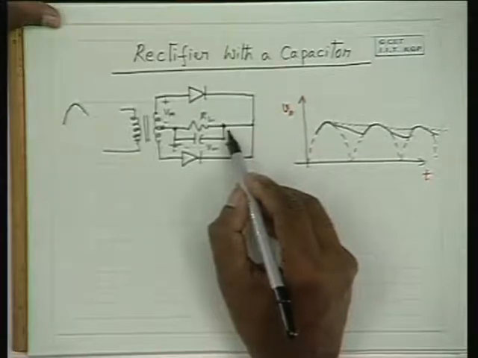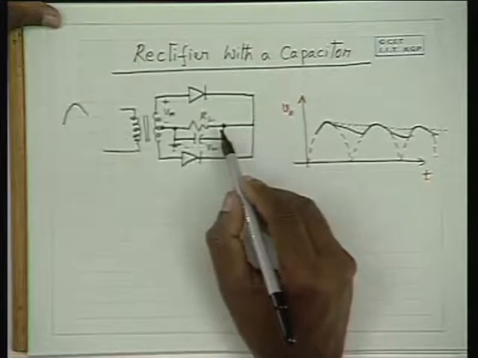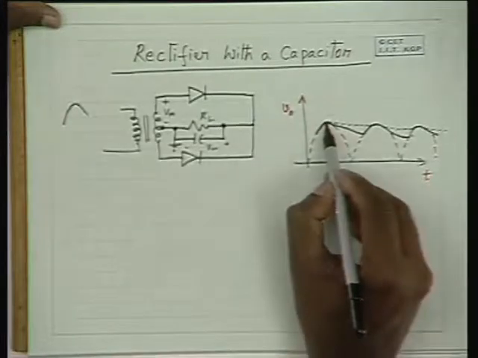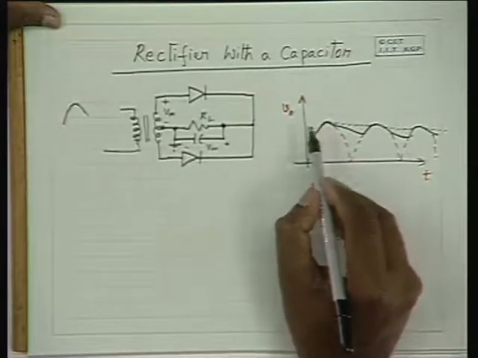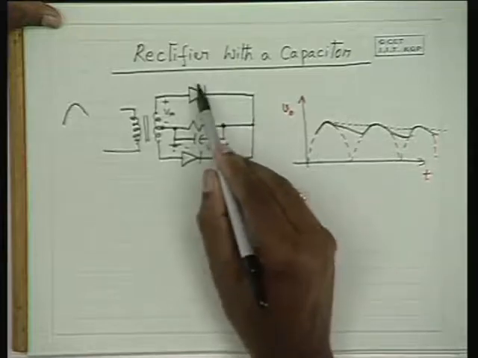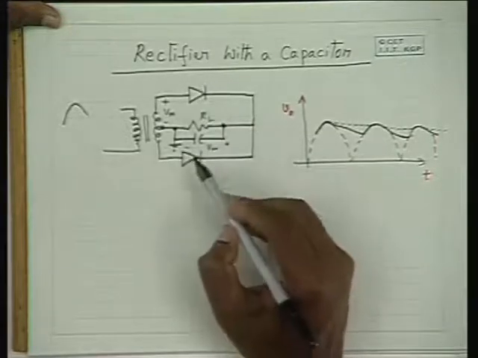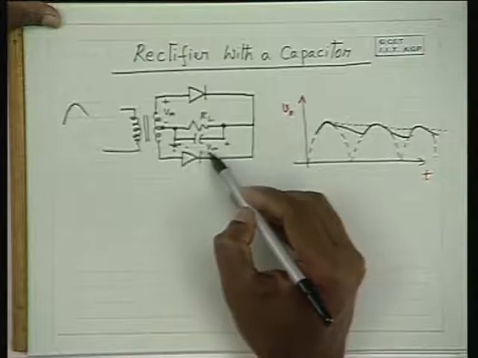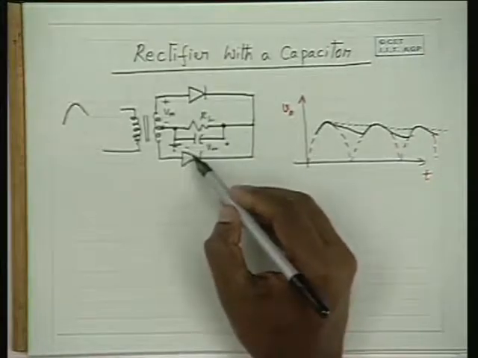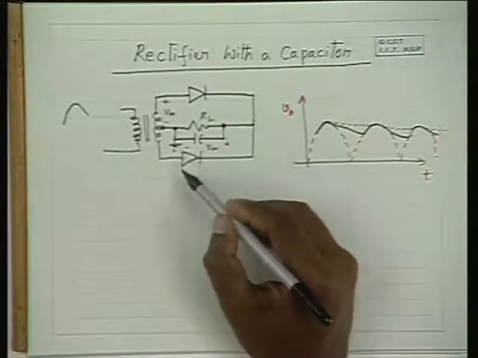So the capacitor is already charged to the voltage of Vm. Therefore, the diode becomes reverse biased at this point, and it is like an open circuit. The other diode is also like an open circuit because that is also reverse biased.